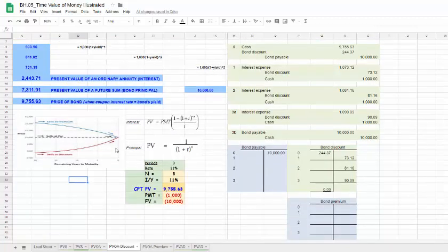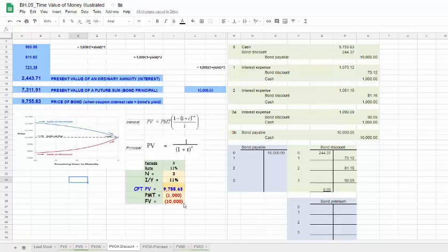Working this with your calculator, because the bond had 3 payments, 3 would be the number of periods. The bond's yield rate, what investors want to earn, would be the discount rate that would be used, 11% interest per year. The interest coupon rate would be the 10% coupon times 10,000, or $1,000 of interest.